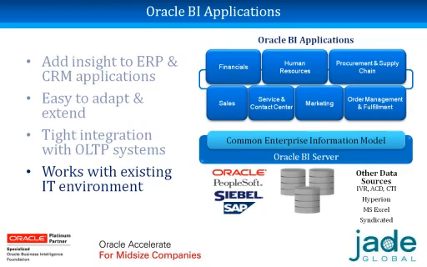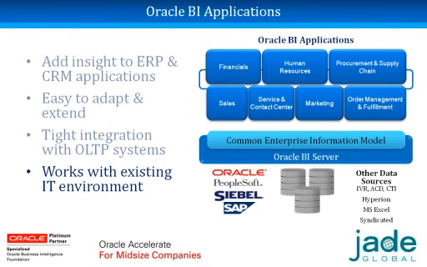The OBI EE tech stack involves your data warehouse, your Informatica, which does the heavy lifting of data from your various source systems into your data warehouse, and the DAC, which continuously monitors what is happening with your loads. If there is a failure, it handles how to recover from the failure. And on top of that, we have a repository and presentation catalog, which will give you insight into your business in terms of BI dashboards and reports.